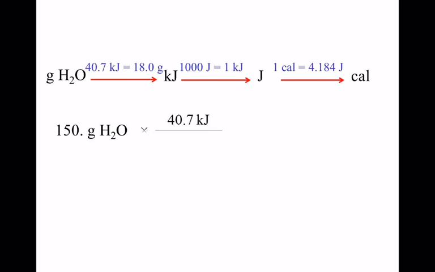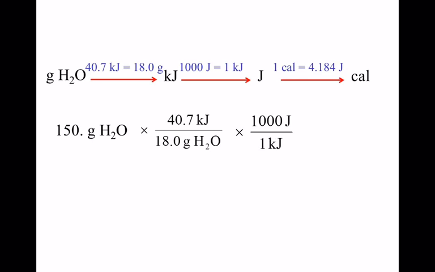Yep. Perfect. Now, this step goes from kilojoules to joules. What does that look like? 1,000 joules over 1 kilojoule. Yep. And last, we're skipping from joules to calories. What does that last one look like?